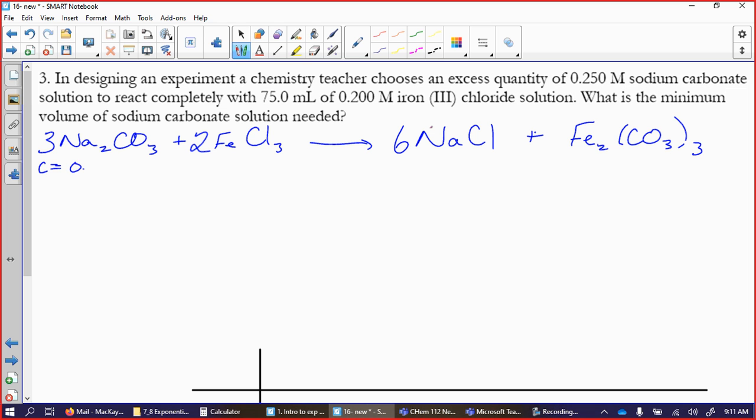Sodium carbonate is 0.250 molar. We don't know the volume of sodium carbonate. Concentration of iron chloride, 75 mils is 0.0750 liters.